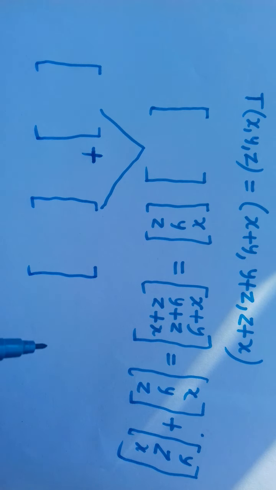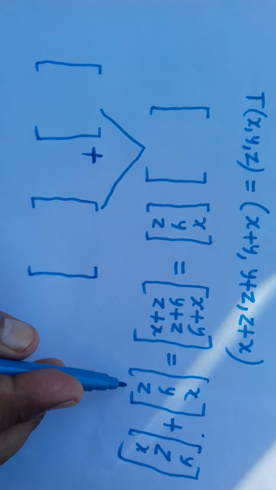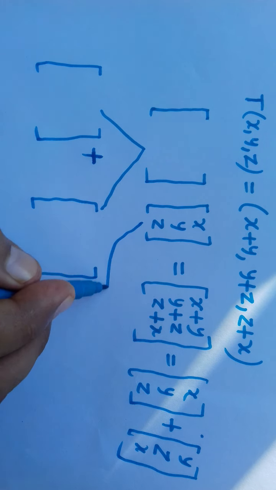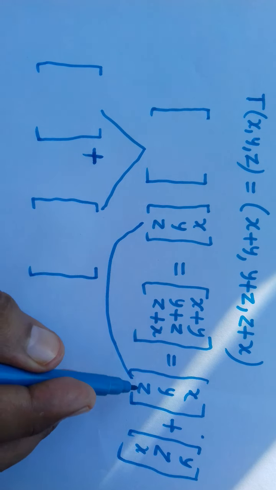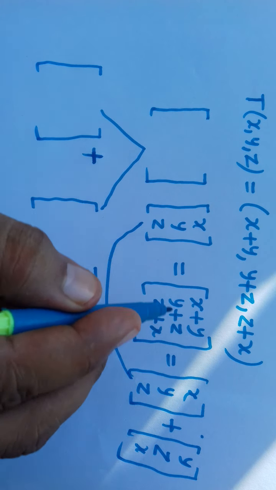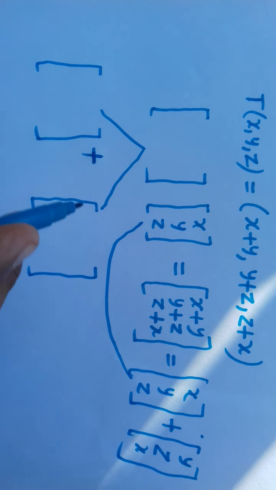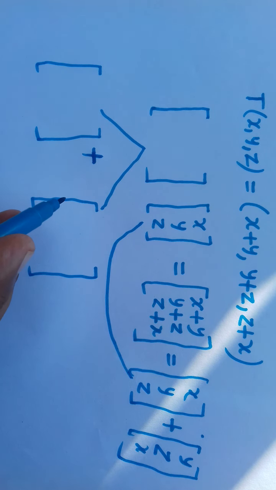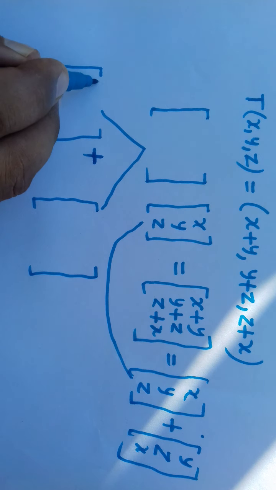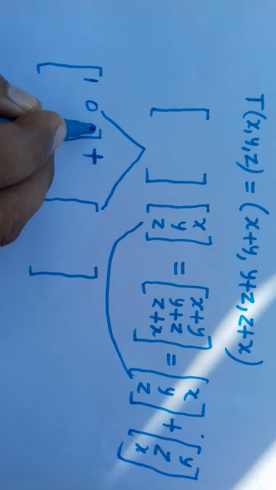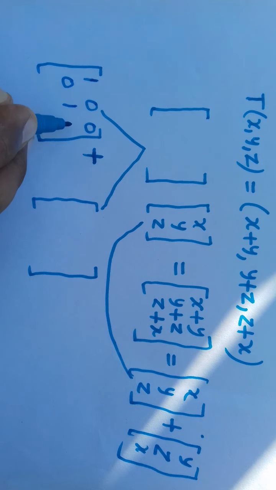Part 1 is from this to this. You see the same x, y, z, x, y, z, and you know that if you multiply any matrix with an identity matrix you get the same. So for the first part there will be an identity matrix.